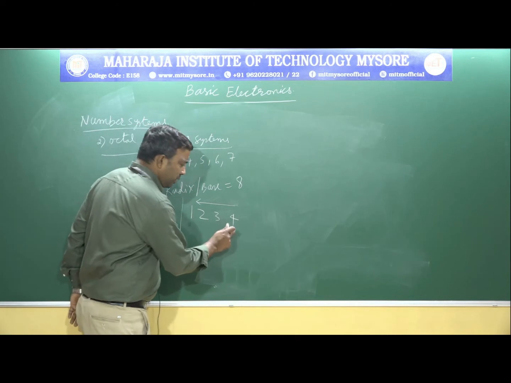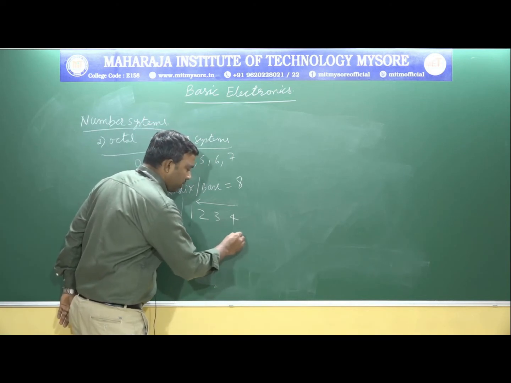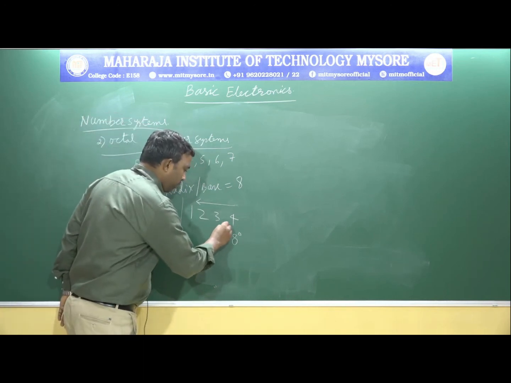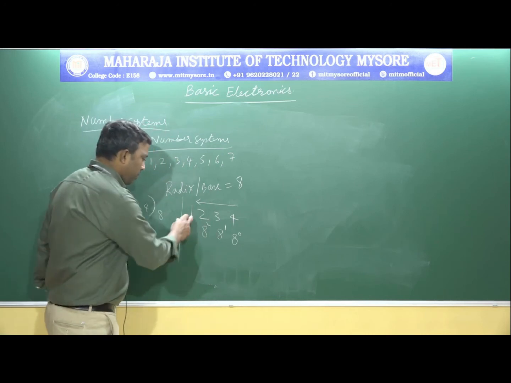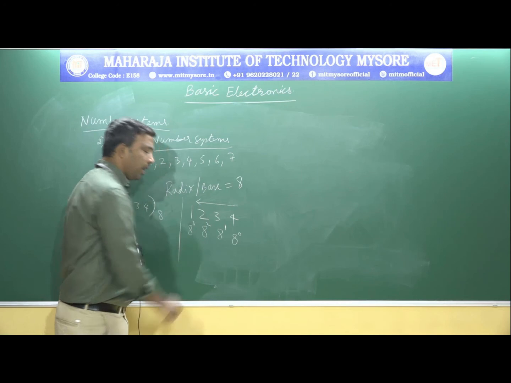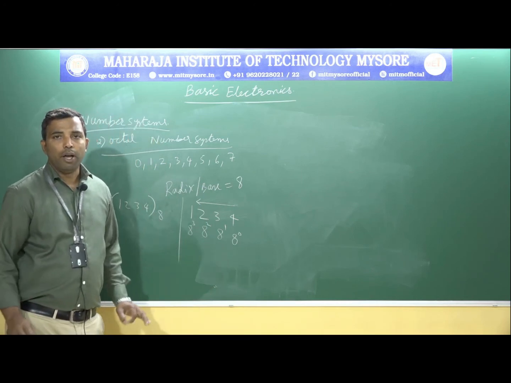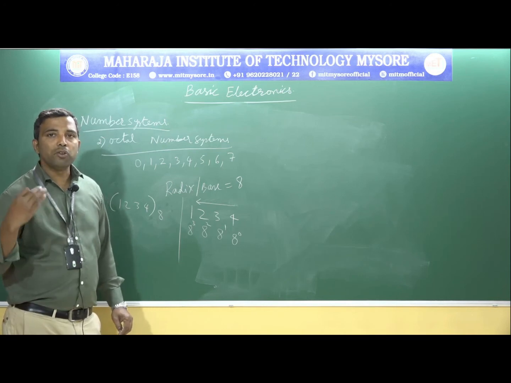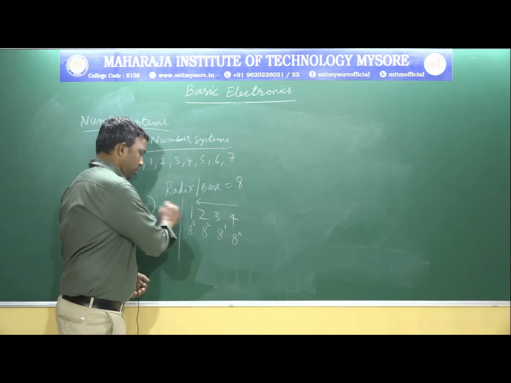This one is the least significant bit, hence this is 8 power 0, this one is 8 power 1, for 2 it is 8 power 2, for 1 it is 8 power 3. Like this, we are taking the positional value in terms of 8 powers, or radix powers, or base powers. This is for whole numbers.